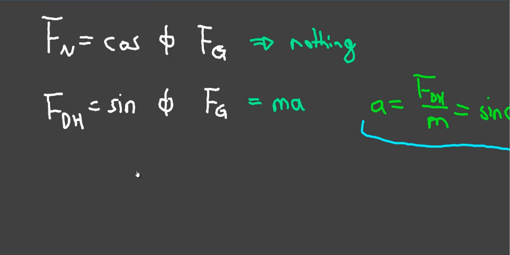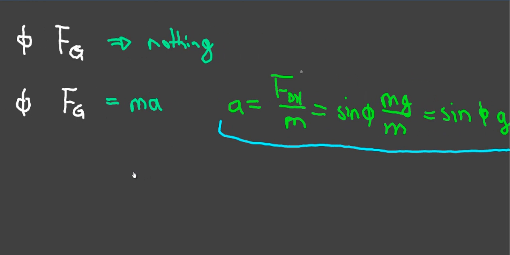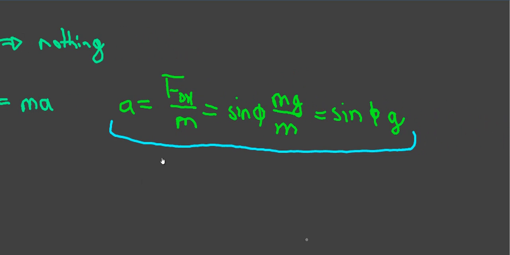So our acceleration in magnitude is just our downhill force divided by m. And if we substitute the formula for our gravitational force, which is m times g, into our formula for our downhill slope force, sine of phi times our gravitational force, we get this huge formula right here.